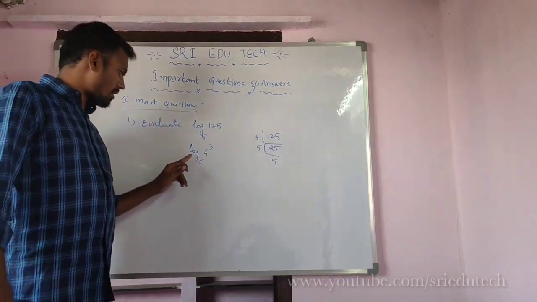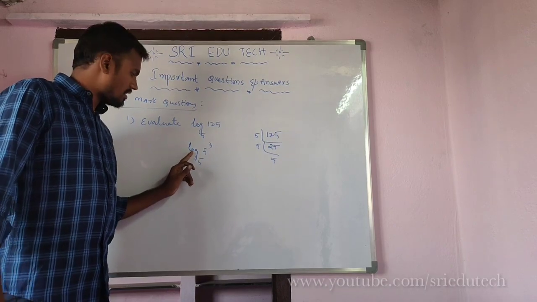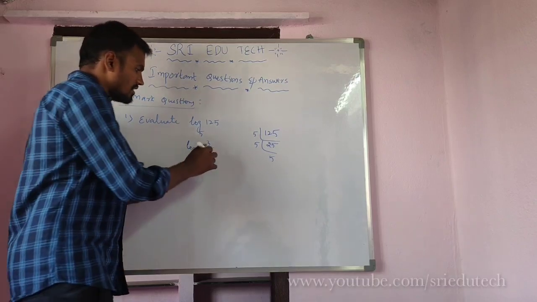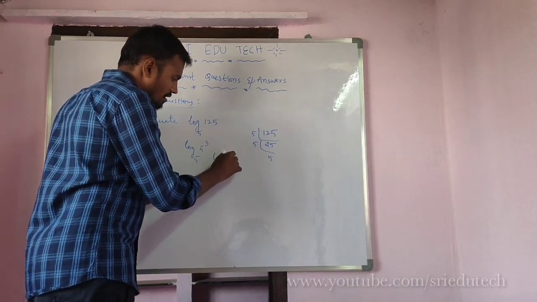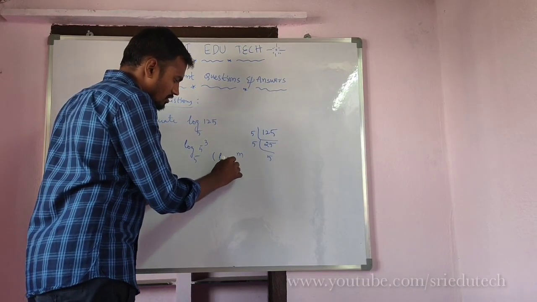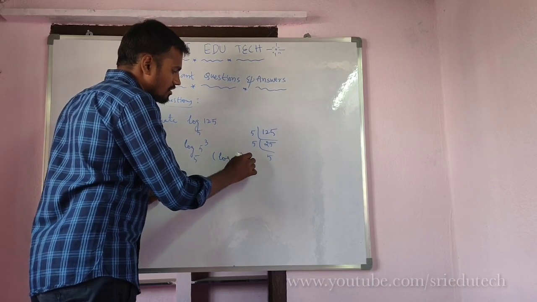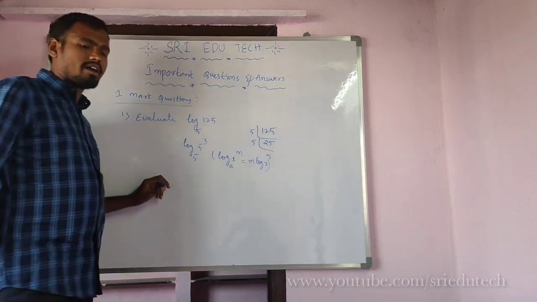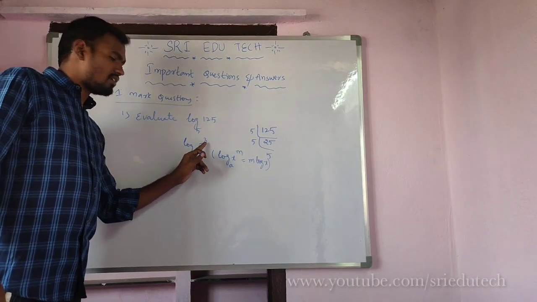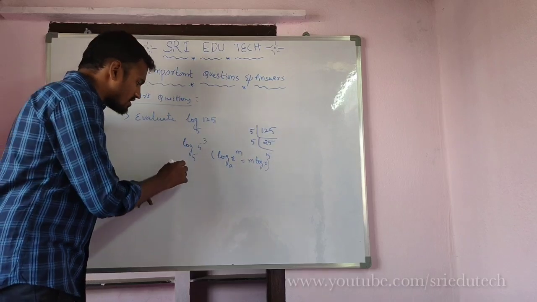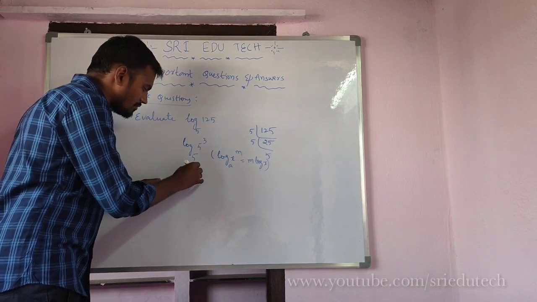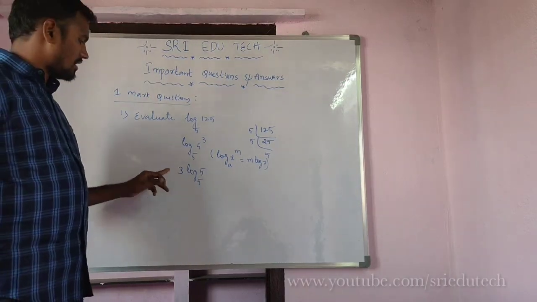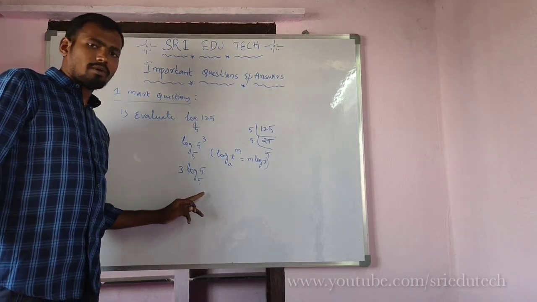Then you have a formula: log x to the power of m to the base a is equal to m log x. Here, what is m? 3. So it is 3 log 5 to the base 5.